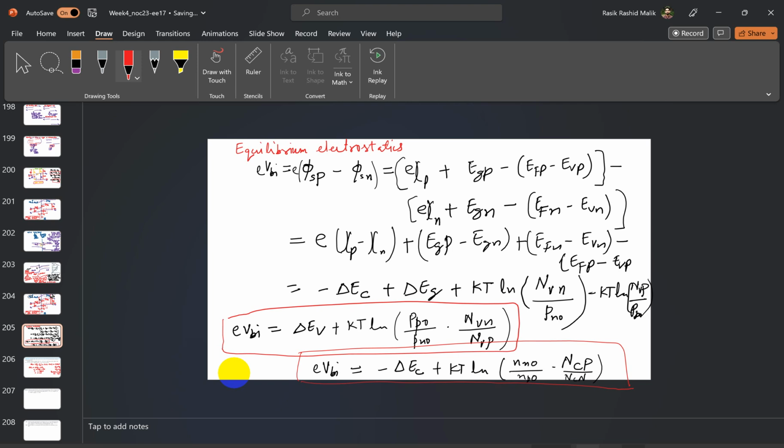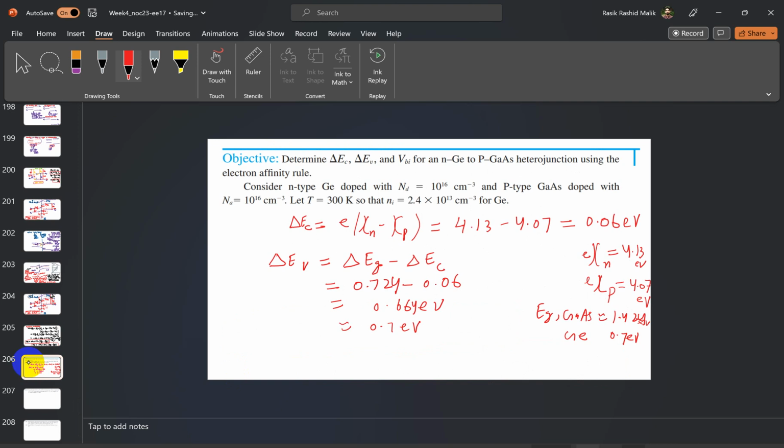So we already know the values of NVN and NVP for the two materials, which I will just write, and Pp0 we already know, and then we have to calculate the minority one, the Pn0. Pp0 we know.